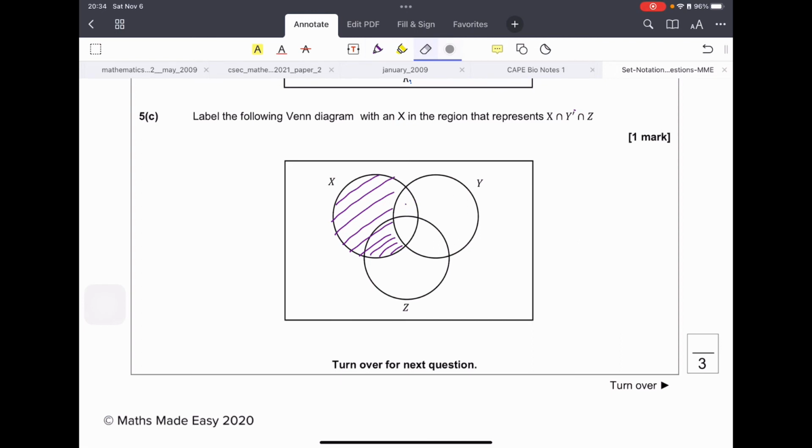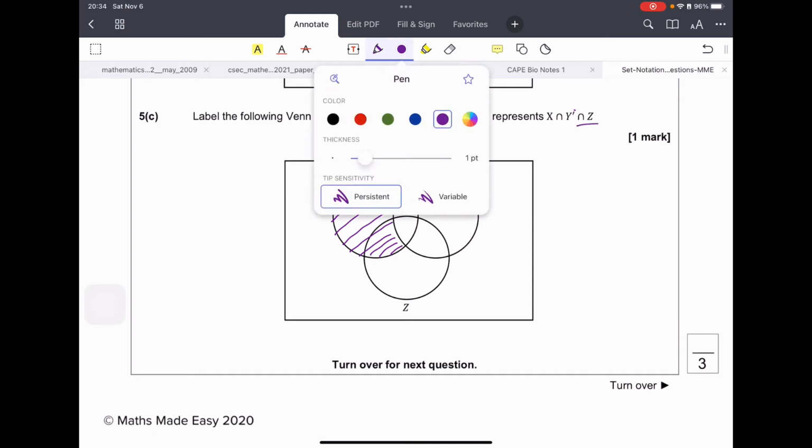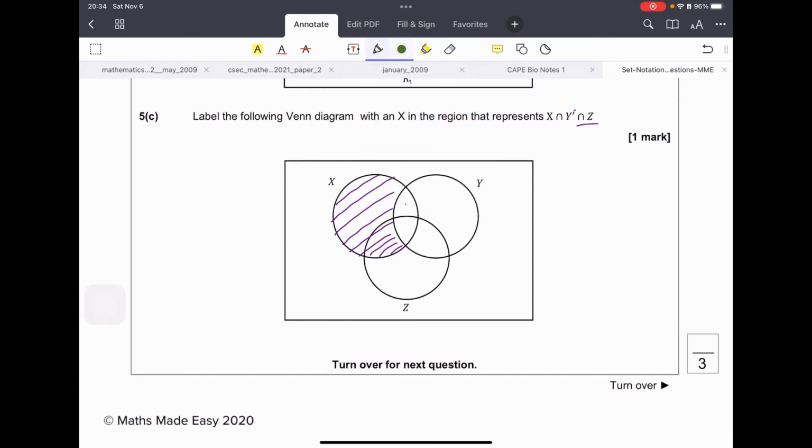Now finally, we need to intersect Z. So let's find out where Z is. Z is this circle here. Right, now we are intersecting, right? So we need to find the common shaded region between our previous purple shading and the green shading, and that is this region here.